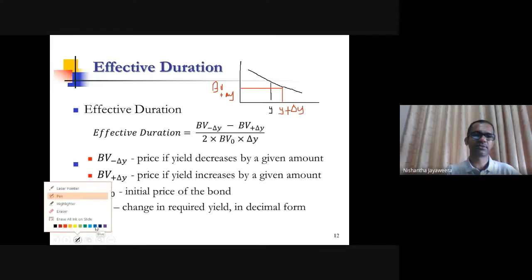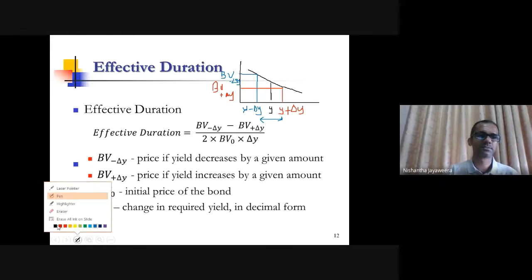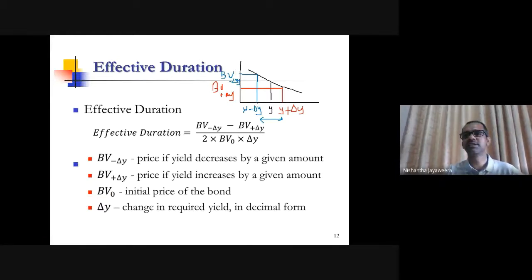Same way we move to the other side. This is the new value when we decrease the yield, this is the yield minus delta y. What is the yield change from here to here?